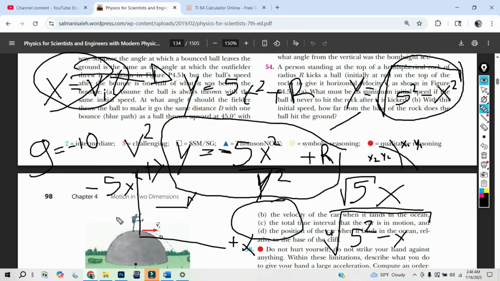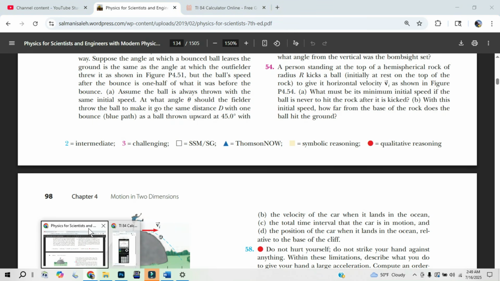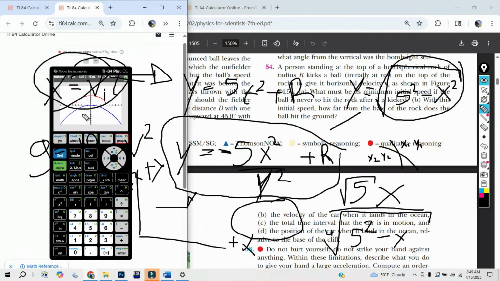Oh, whoa, don't want to do that. Okay, so we have a plus 5. All right, graph it up. Hell yeah.